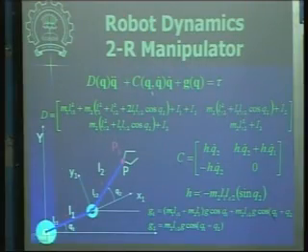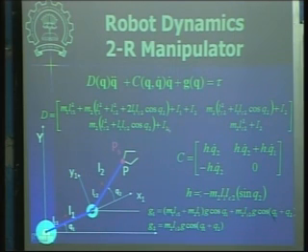So for the 2R manipulator, we saw the whole procedure yesterday. We finally ended up in this equation. For this equation, this is the D matrix, and this is the C matrix.